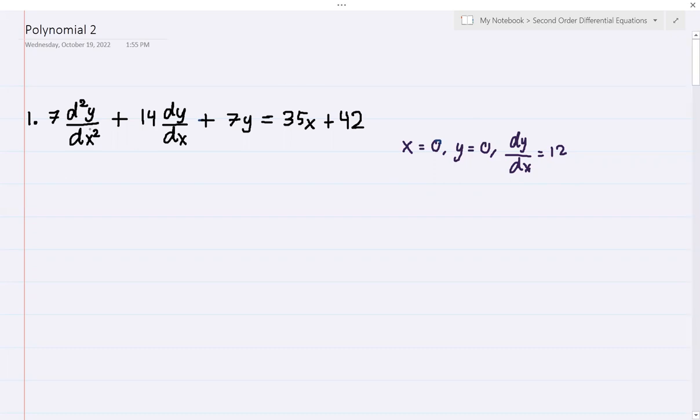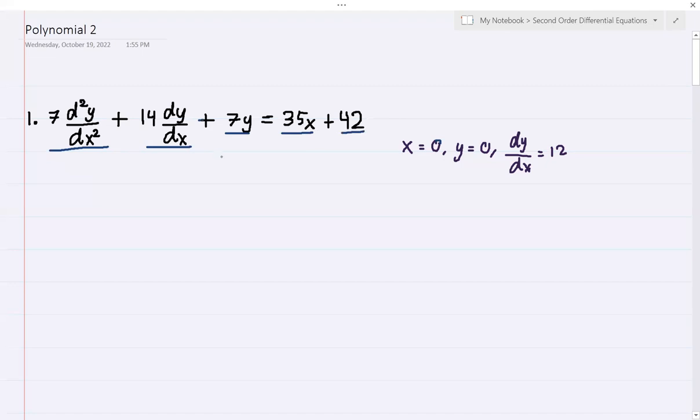So let's go. Here we have 7 d squared y over dx squared plus 14 dy over dx plus 7y is equal to 35x plus 42. Before we proceed to the solution, you see these terms are all divisible by 7: the first, second, and third terms, and on the right side, 35x and 42.